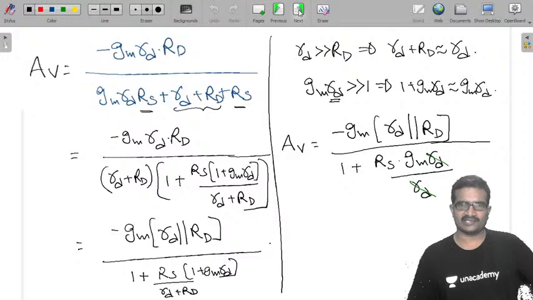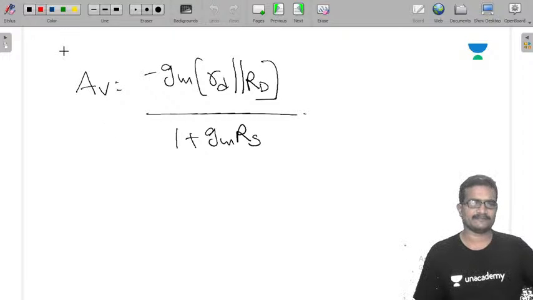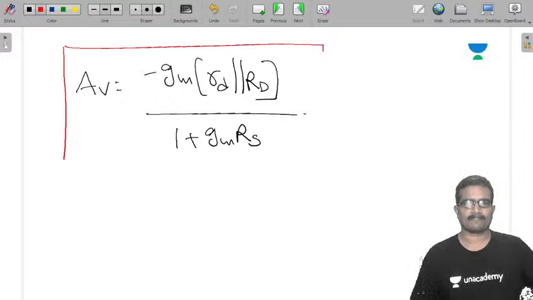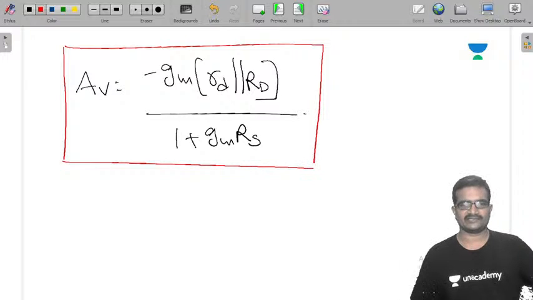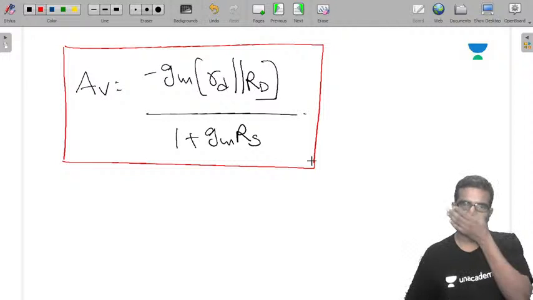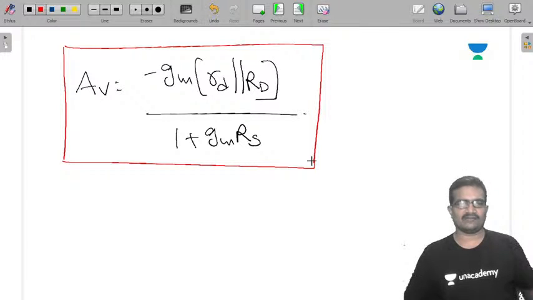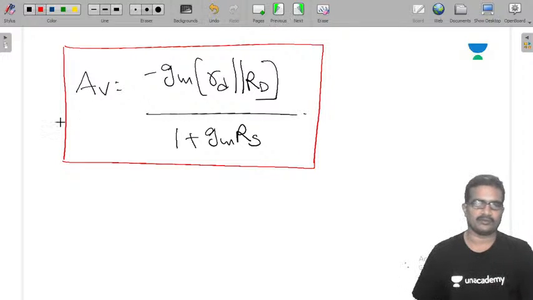Once we remove the capacitor, it is divided by 1 plus something. Now the gain is decreasing, so it is 1 plus gm into RS. This is the final voltage gain. Approximate and exact values do not have much variation. This is the voltage gain, so this is the way of calculating the voltage gain. After that we go and calculate the output impedance.